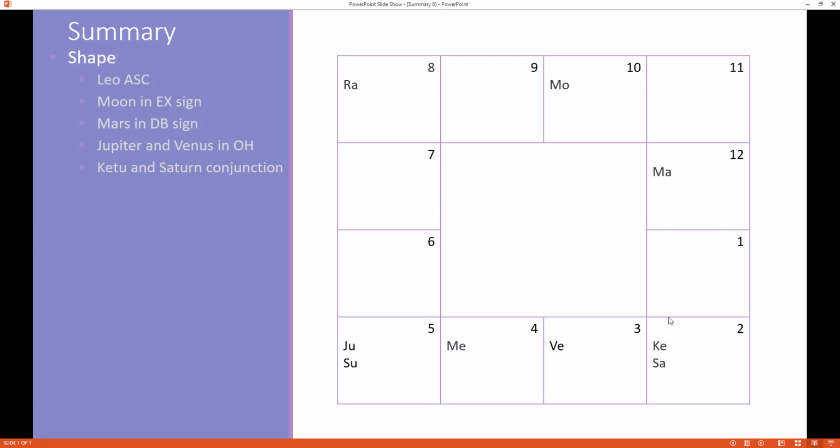Now, another feature that jumps out at us straight away is that we have Ketu and Saturn in the 2nd house. When a planet is with a node, as it is here in the 2nd house, we know that there's kind of a teaching relationship between these energies, and that Ketu is separating Saturn from its sense of security and teaching the person that they're going to be okay no matter what happens.